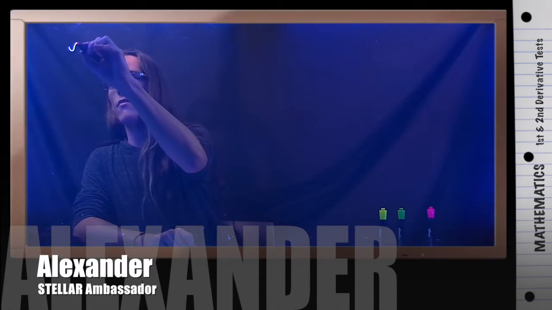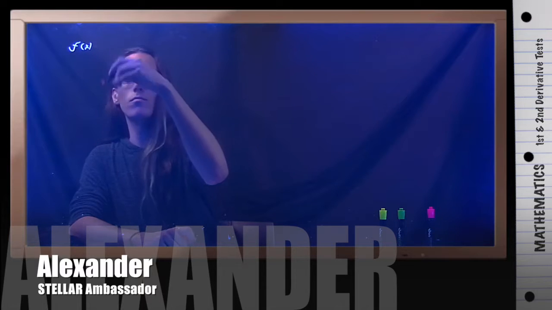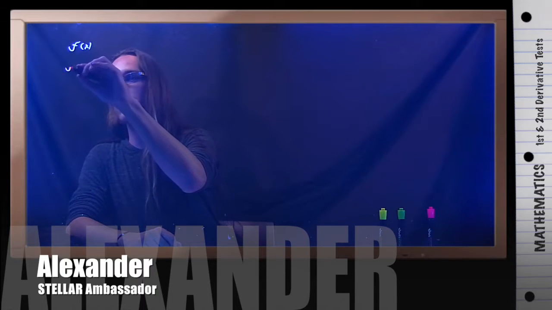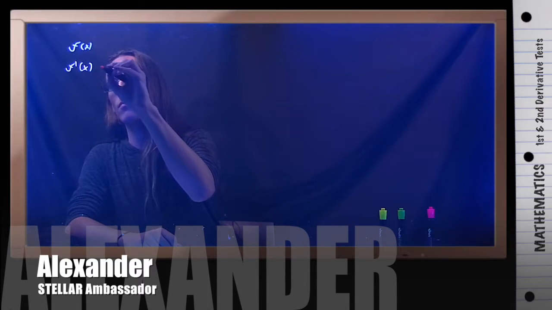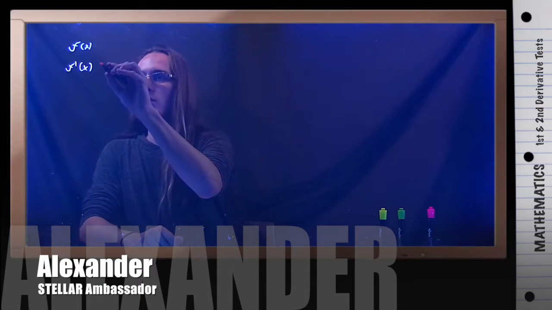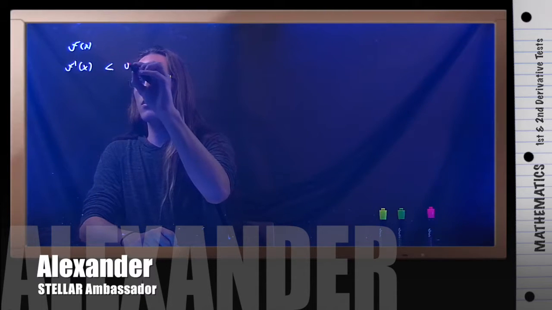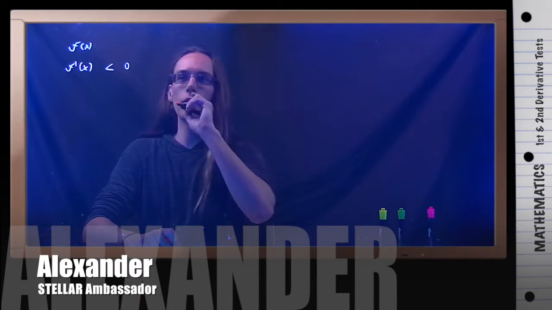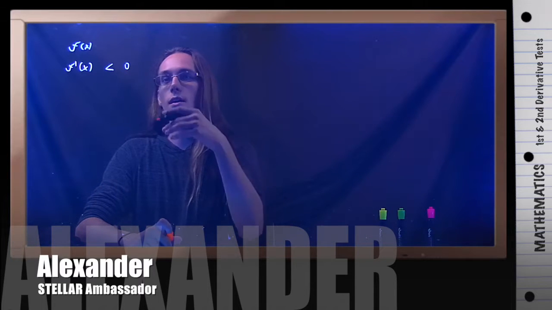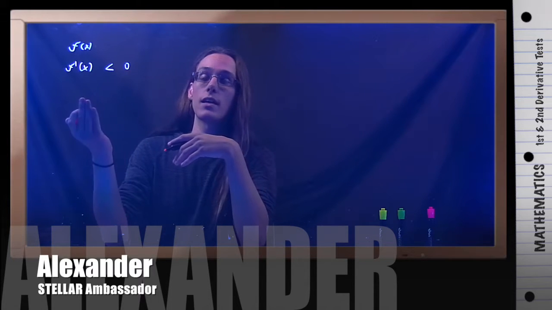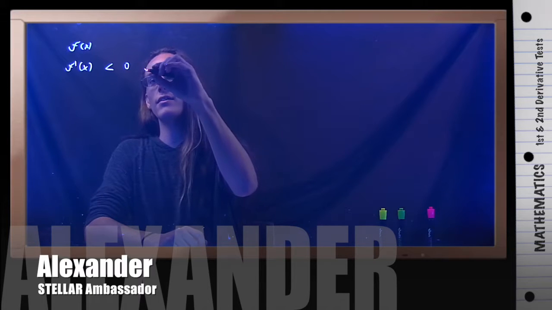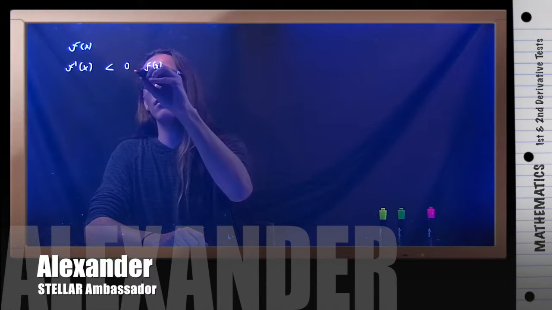If I have a function f of x, whatever that is, and I take its derivative, f prime, wherever the derivative is less than 0, I know that the slope of my original function is negative. So wherever the derivative is negative, I know that f of x is decreasing.